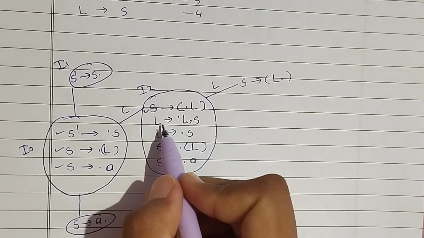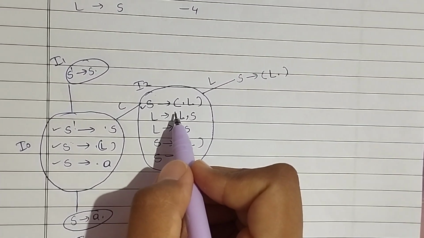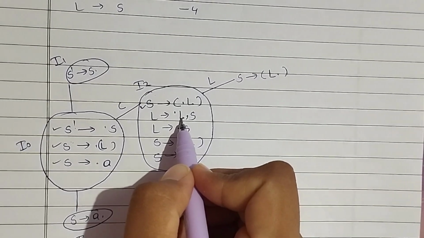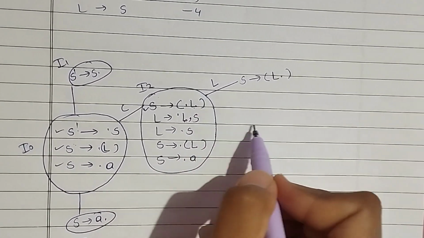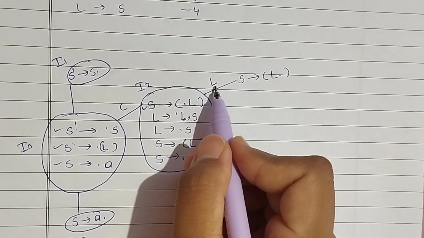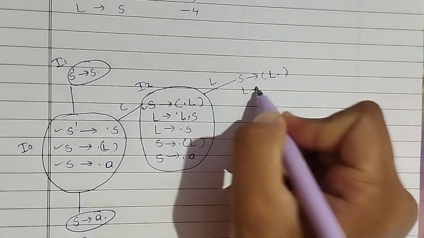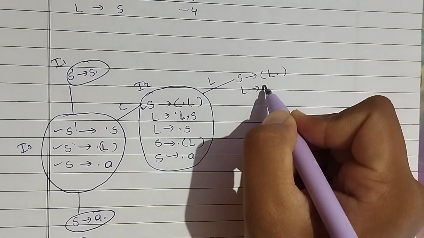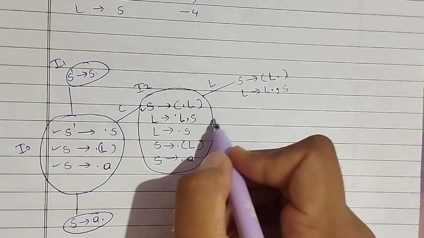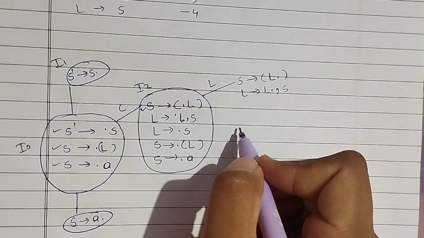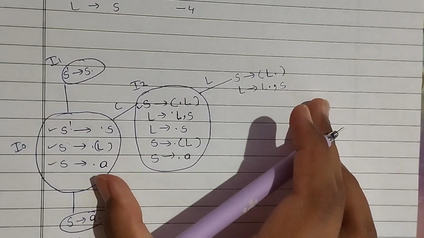But again, if you check here, we want to shift this dot operator with respect to L again, because L is present here, and L is also present here. So instead of writing two times L, we write only one L and shift to one state only. So L changes with respect to L: L → L·, S. If you write it two times that is also okay, but we always write the DFA in a short way.